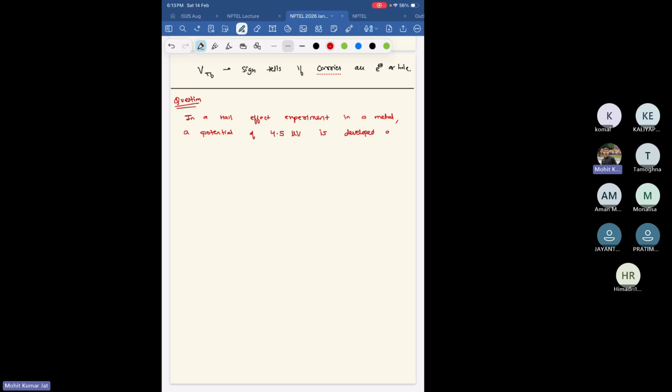This is a very small voltage. If you see, it's only microvolt, but that's enough to tell us the number of carriers in the system, what is their charge, all those things it can tell.